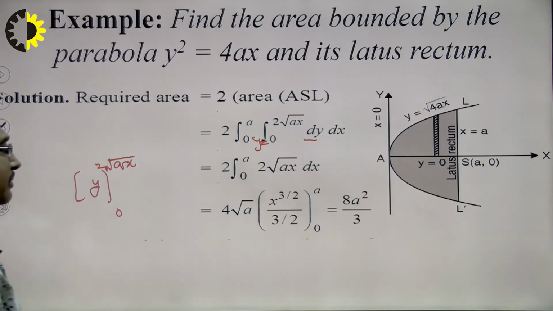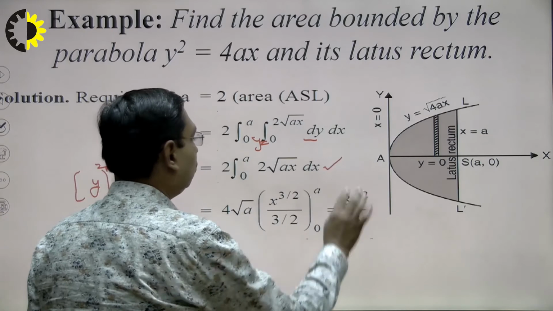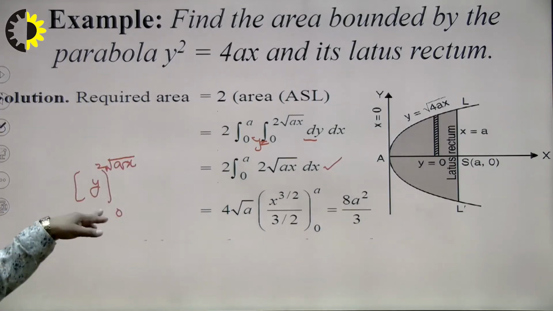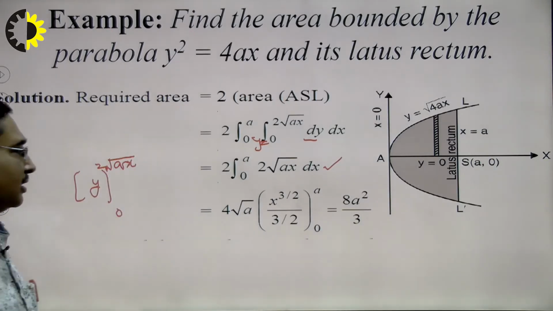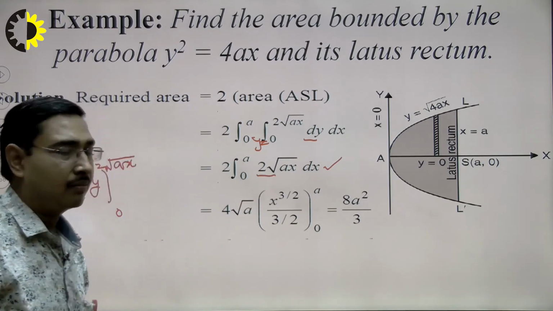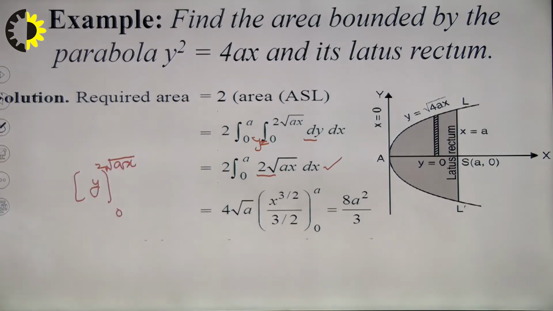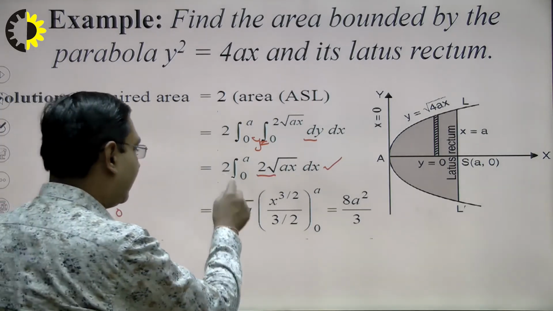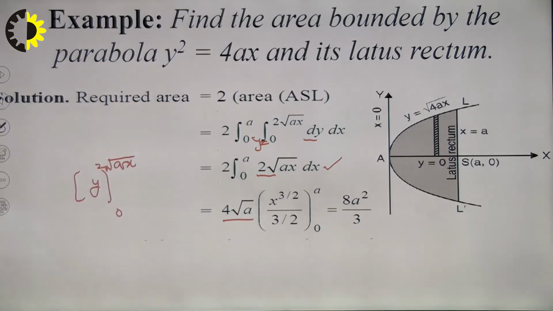Applying these limits, it becomes 2 root ax dx. This remaining term will be 0. This 2 root a is constant, can be taken outside, and it becomes 4 root a.